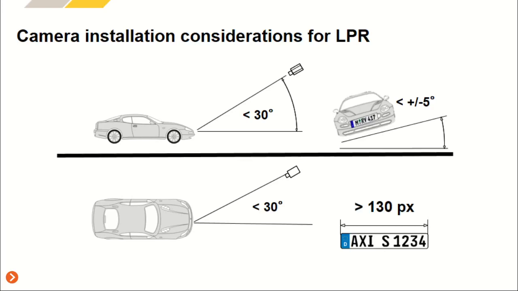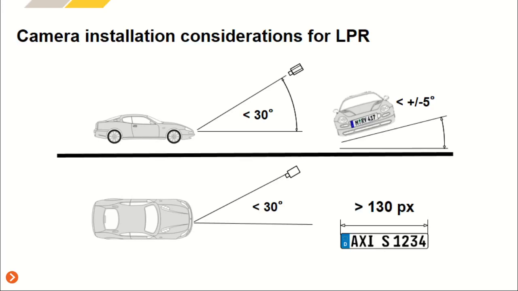So in general, if you look at some camera installations, if you're thinking about LPR, this should be a trigger point. Just to make sure that your camera is mounted, we basically say the height is half of the distance between the vehicle and the camera. And you should always have this mounting angle at a maximum of 30 degrees.